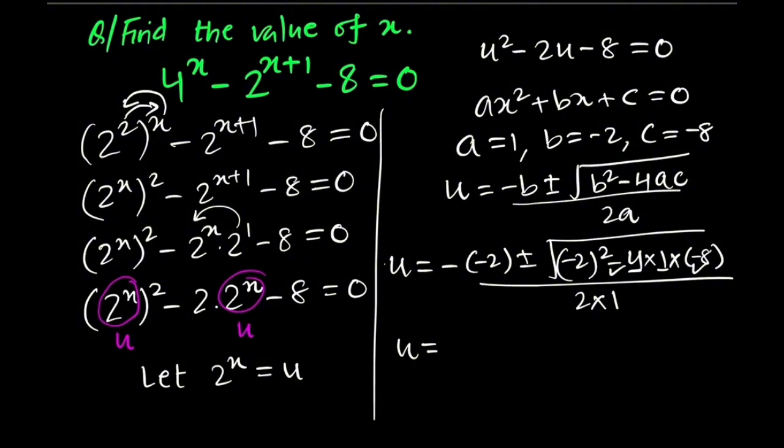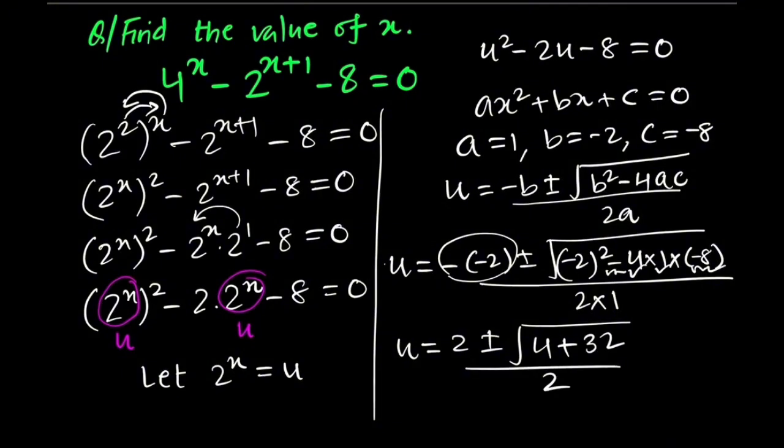And this gives us u equals negative times negative 2, which means positive 2, plus minus square root of negative 2 squared, which means 4. And this minus times minus here gives us plus. And 4 times 1 times 8 means 32, divided by 2 times 1, which means 2.